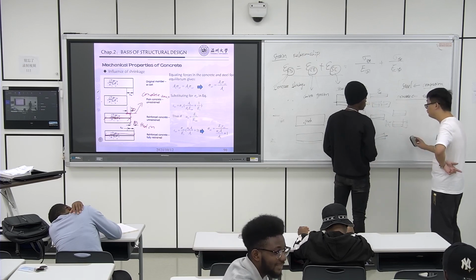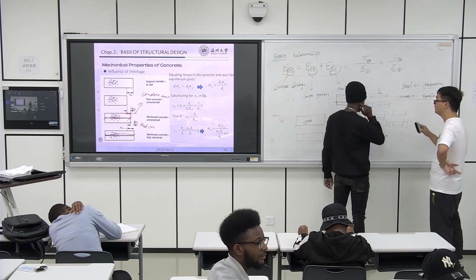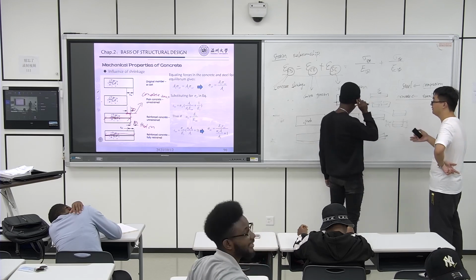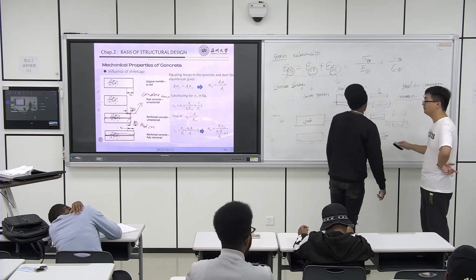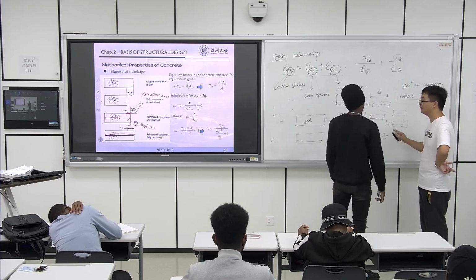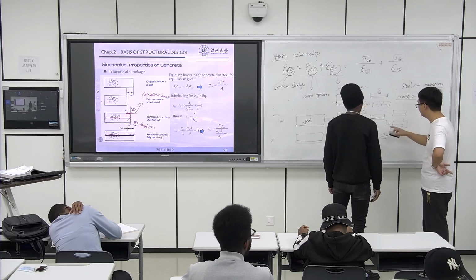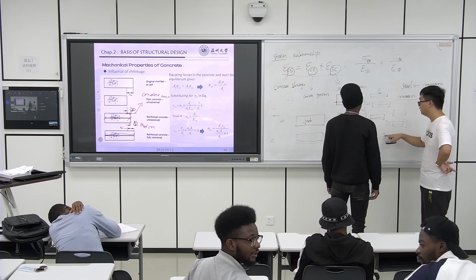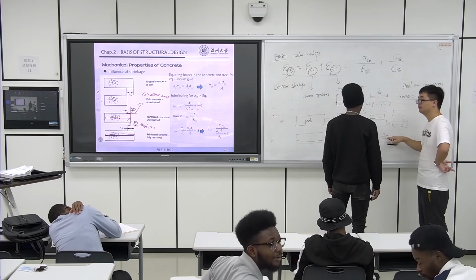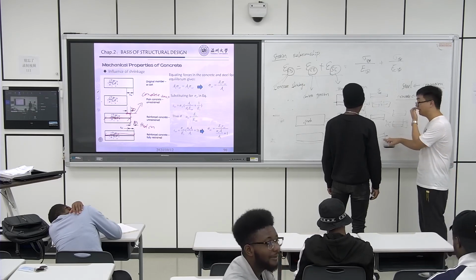Yes, they are two materials, but mechanically they are close. So under the load, they work together. They work together, not like what you mentioned. The concrete will look like this.